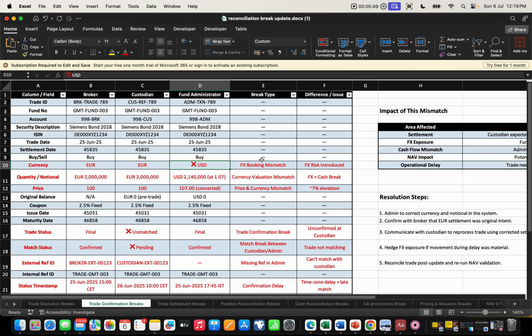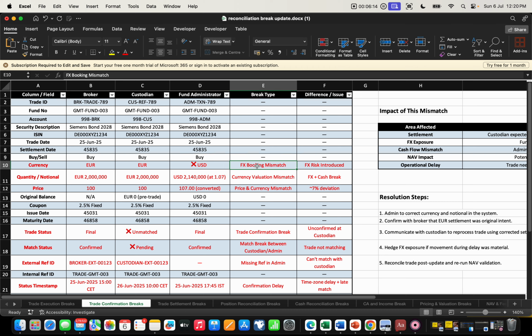This is the controllable part. If quantity is not matched, once you correct the currency to euro, the notional and price will automatically populate correctly, because with euro versus USD there will be an FX difference that impacts it like this.